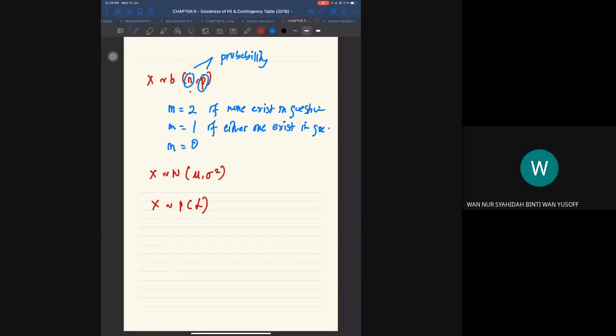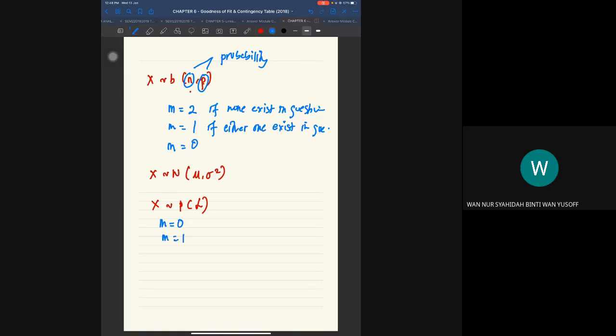If the average is given in your question, it means there is no need to find the average. So what is your M? 0. M equal to 0. If there is no lambda given, then M equal to 1.